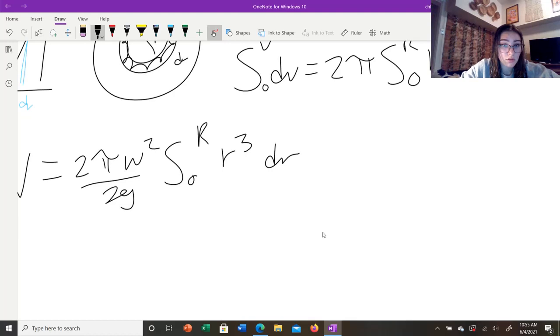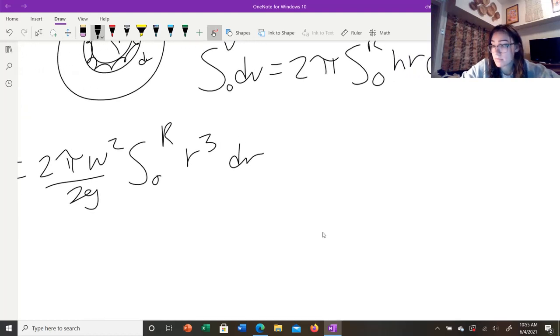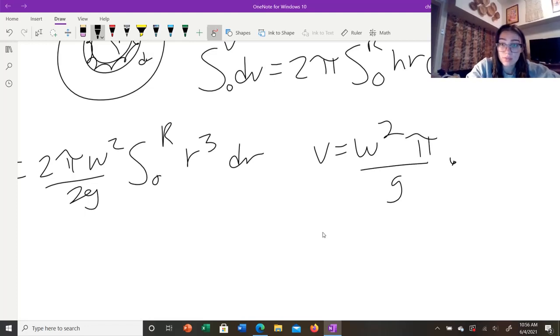Once we're done, V equals W squared times pi over g times R to the 4th over 4. Once we do the integral, this is what we have. The 2's cancel, and this is what we're left with.